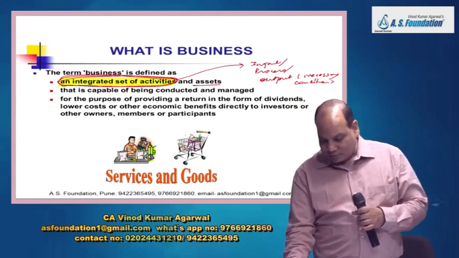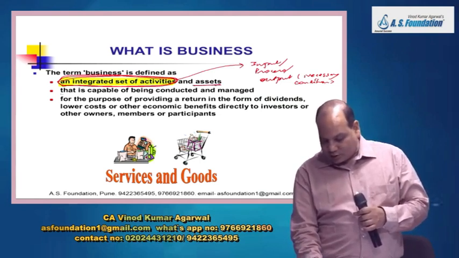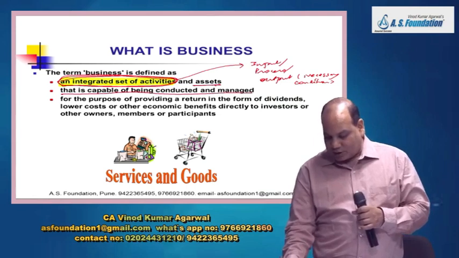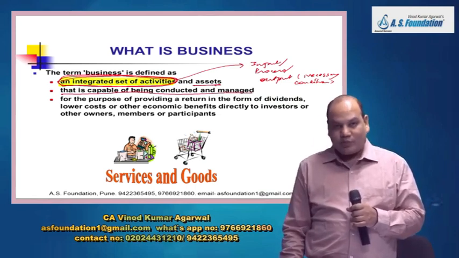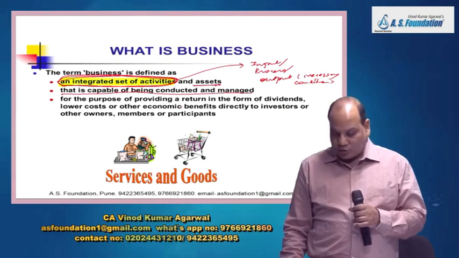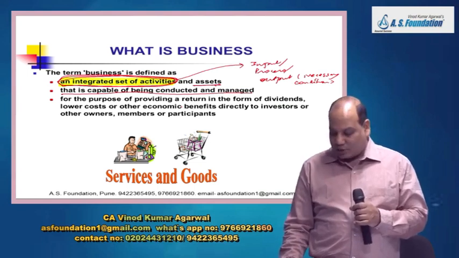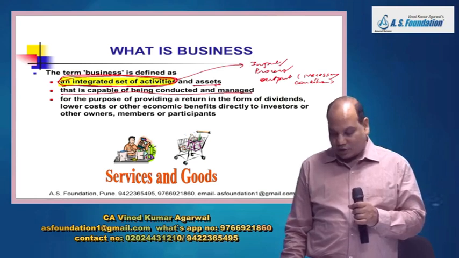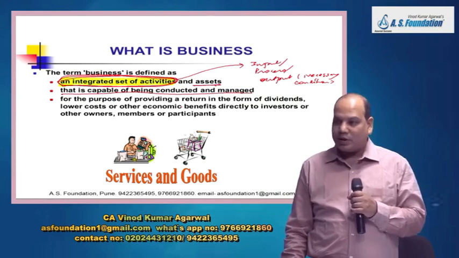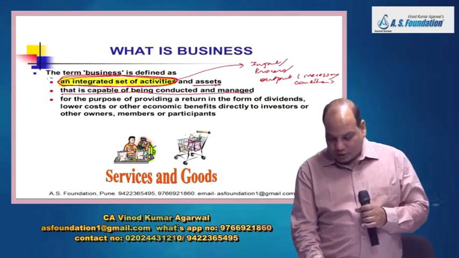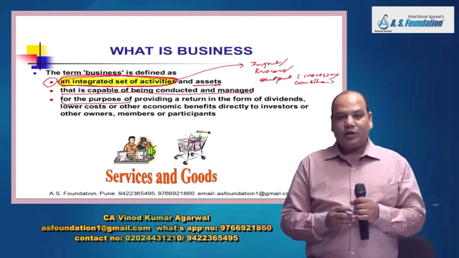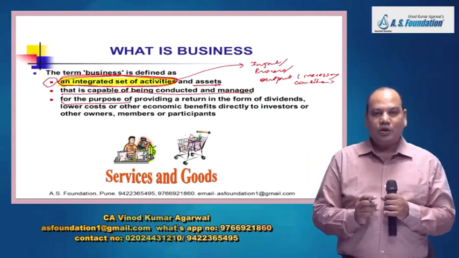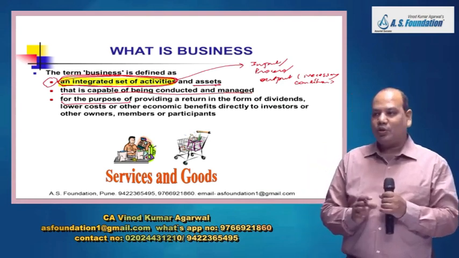And assets that are capable of being conducted and managed for the purpose of providing a return in the form of dividend, lower cost, or other economic benefit directly to investors or other owners, members, or participants. So it is an integrated set of activities, and the objective of this integrated set of activities is to provide return to the owner.